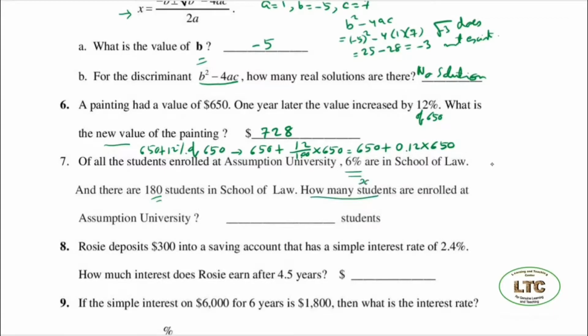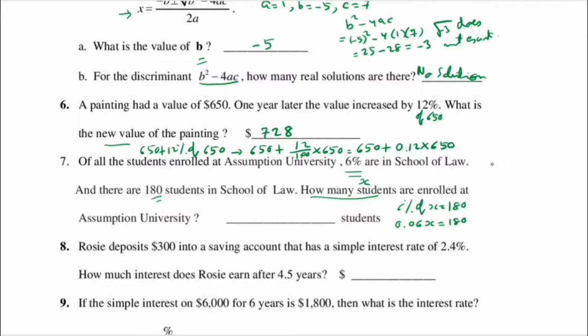X. So 6% of x is equal to 180. This is what is given. So 6% is 6 divided by 100, 0.06, of is multiplied by x, 180.